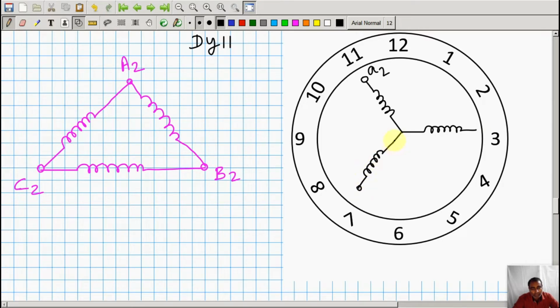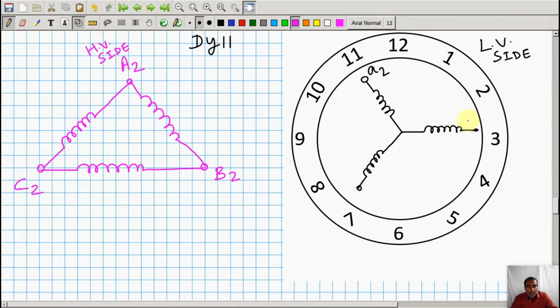Now one more thing can be noticed here is that I have written the terminal A2 in small letter, as it is belonging to LV side, so it has to be in small letter, and this thing was belonging to HV side, so it has to be in capital letter, like this.